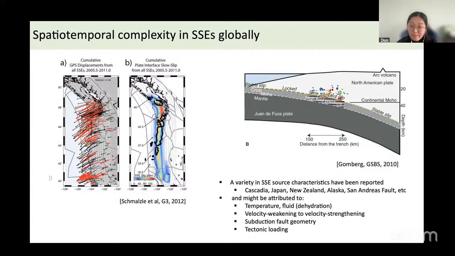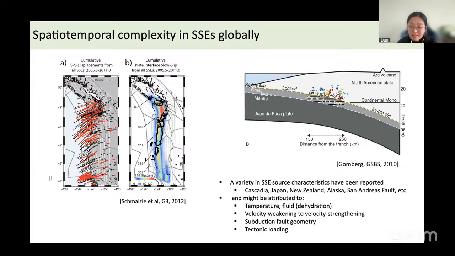This is largely observed in a lot of young and warm subduction zones like Cascadia, Japan, New Zealand, and Alaska, and also some crustal faults like the San Andreas fault.